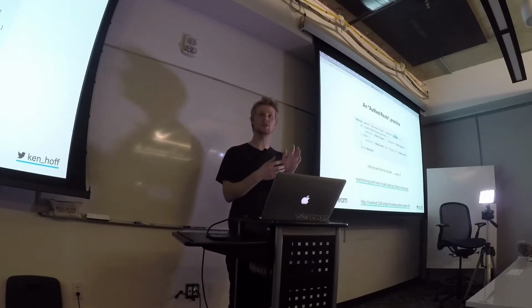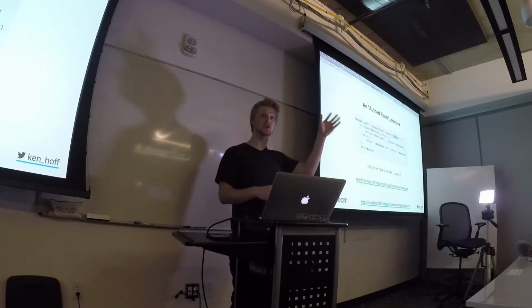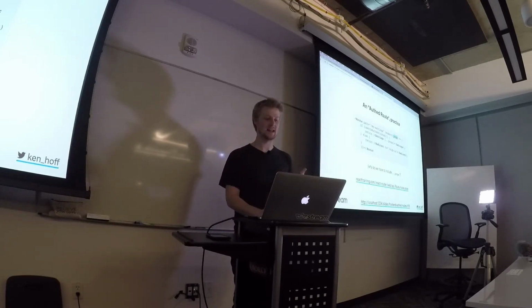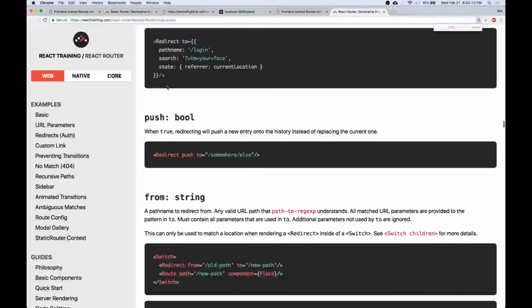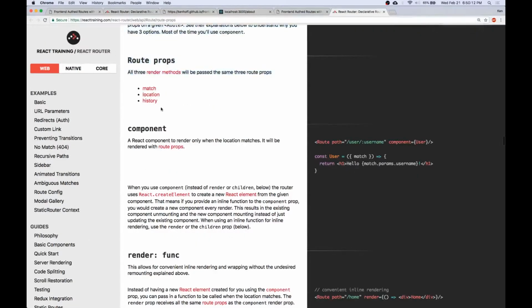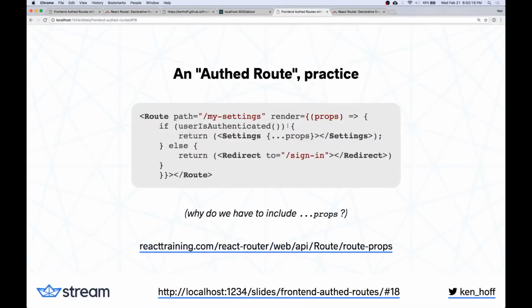They're the props you would use to extract, say, a user ID out of a URL. If you want to learn more about those, there's a link right here which goes down to match, location and history. Those are the props that are passed down into this component.